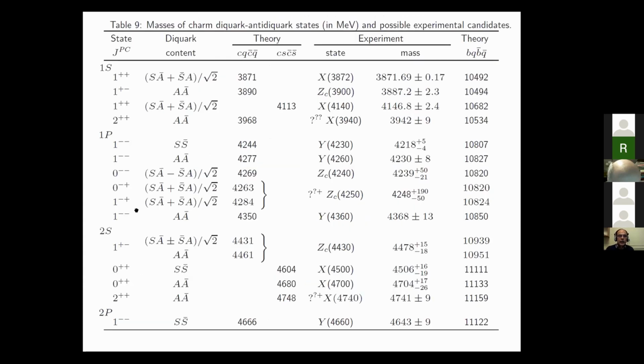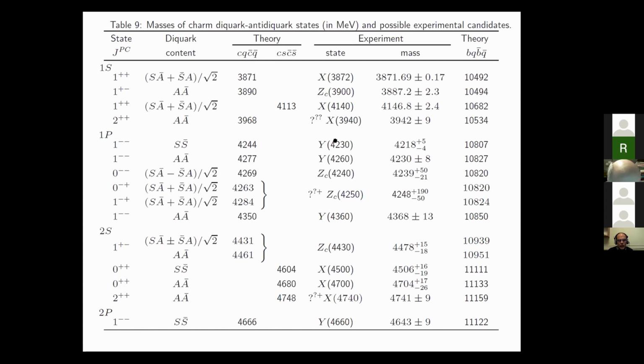Now let us confront our predictions with experimental data and find possible experimental candidates for them. And we see, as I already said, we have a good candidate for X3872. Also, we have good candidates for charged Zc states, for Y states, vector states.